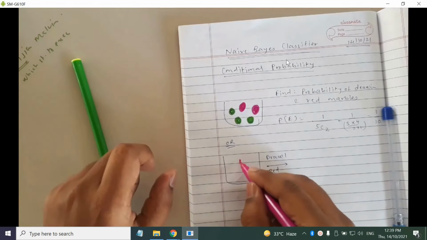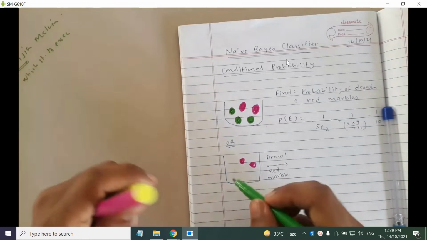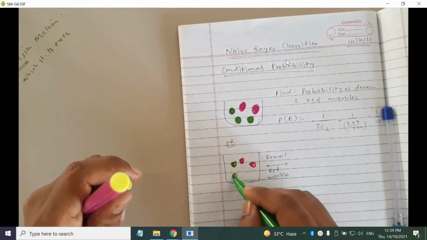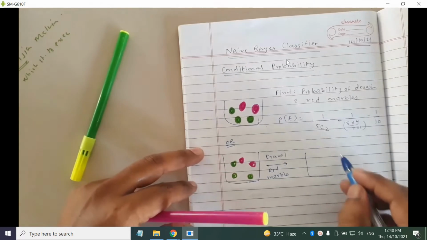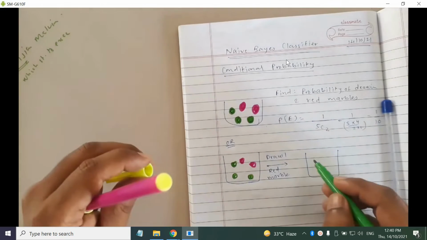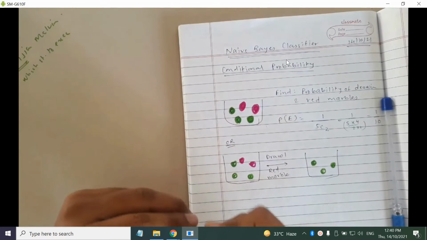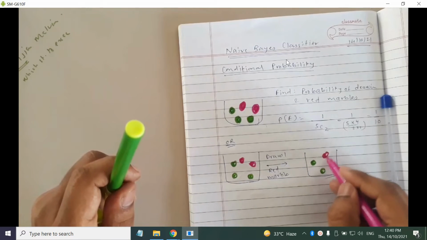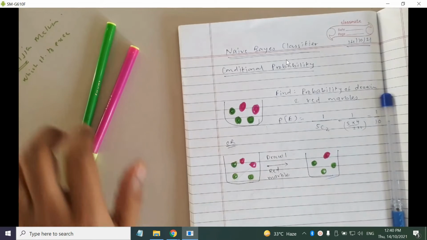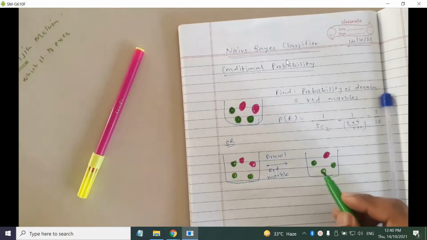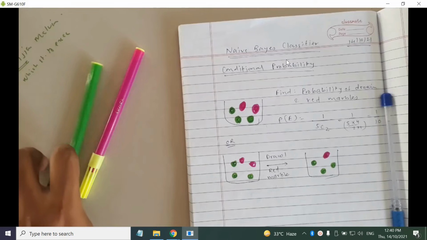Then we'll be getting the container with 3 greens and 1 red. Now what is the probability of this event, drawing one red marble?